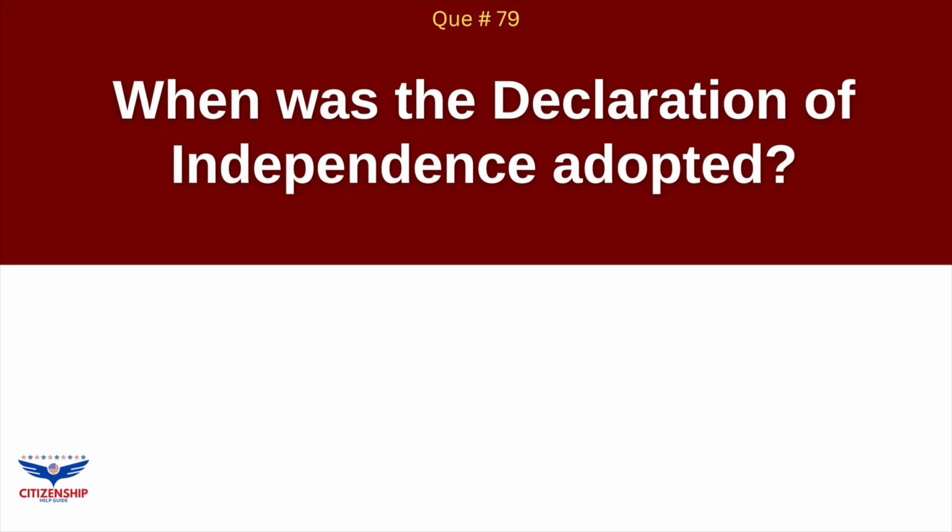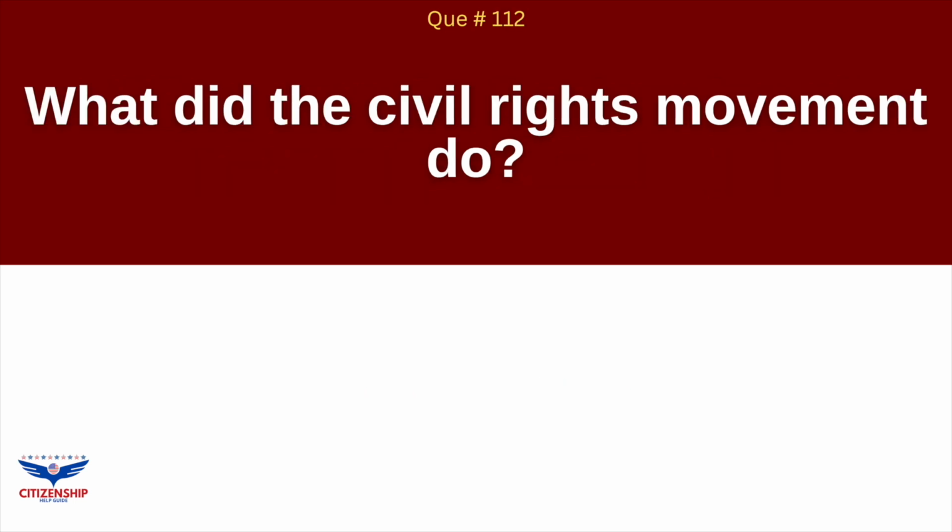When was the Declaration of Independence adopted? July 4, 1776. What did the Civil Rights Movement do?